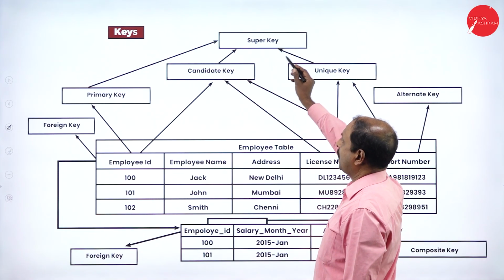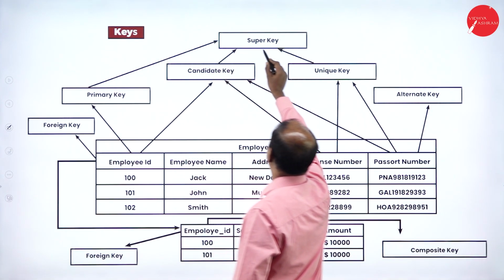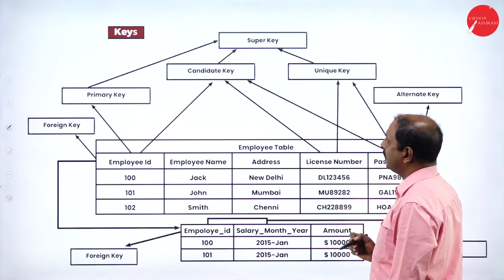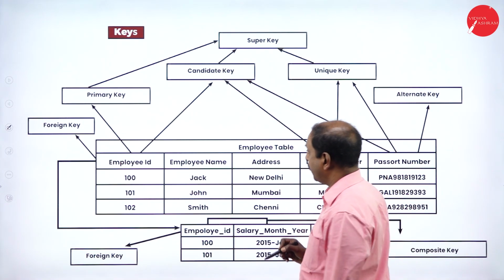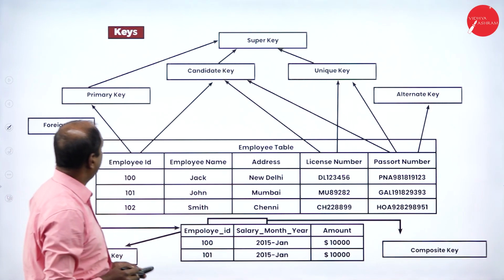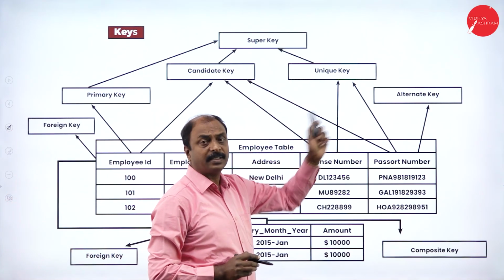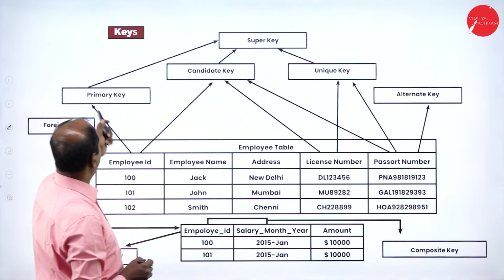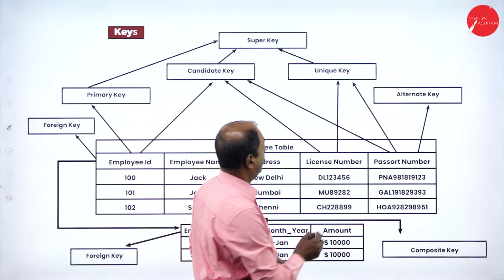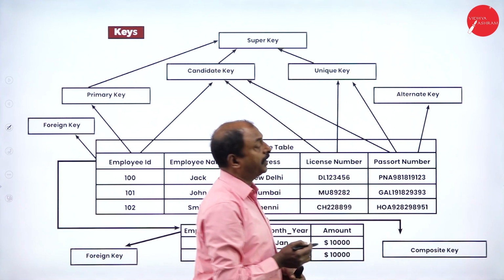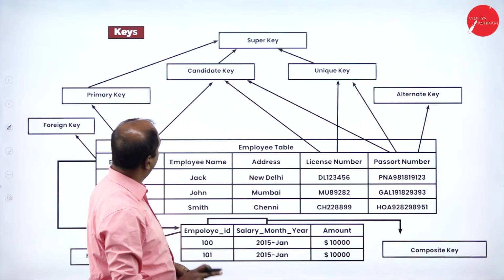And what is super key? Combination of all these forms a super key. And what is alternative key? Alternative keys are nothing but unique keys here, which are not selected as a primary key. In the table, we have taken employee ID as a primary key, and other IDs, a license number or passport number, can be an alternate key.